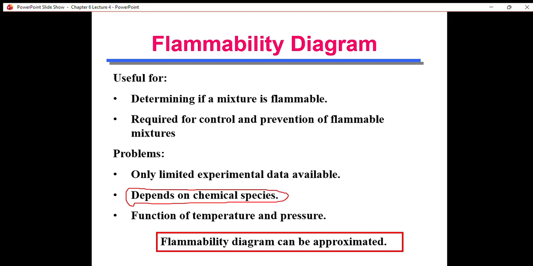All of them will have a fire zone on the flammability chart, but if I'm dealing with H2, you will get a completely different shape than when I'm dealing with methane, ethane, propane, benzene, or toluene, because the border of that area is what we call the upper and lower flammability limit, and those limits are a function of the material. Therefore, the whole flammability chart will be 100% dependent on the material that you are choosing.